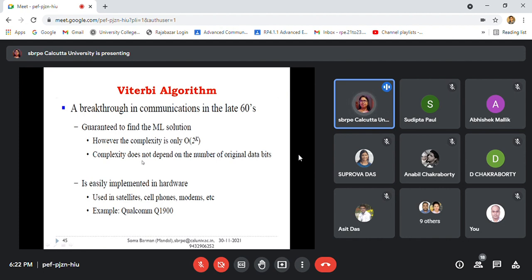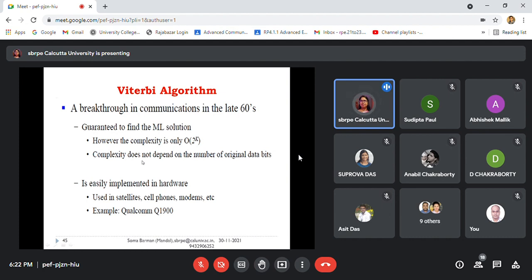The complexity depends on the order of 2 to the power k, where k is the constraint length. If I use constraint length 3, you have to calculate 8 possible paths, since 2 to the power 3 equals 8. Now if the constraint length is 8, 2 to the power 8 means 256. So how many paths do you have to calculate? You have to calculate 256 paths, and out of 256 paths, only one path will survive.